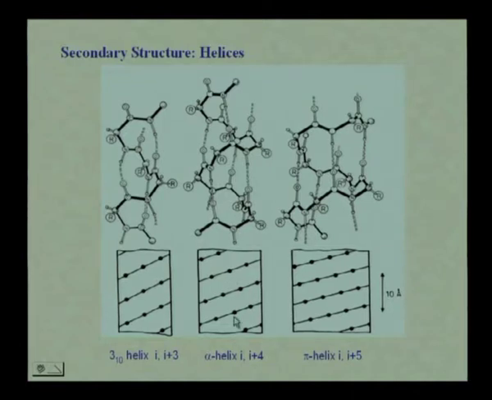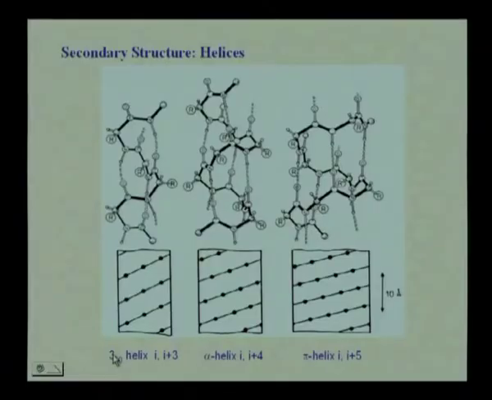In this case, it is 3.6 residues per turn and 13 atoms. So, if we were to write it in the same manner, instead of writing 3-10, we would write 3.6-13. But that is not quite necessary for what we are doing right here.